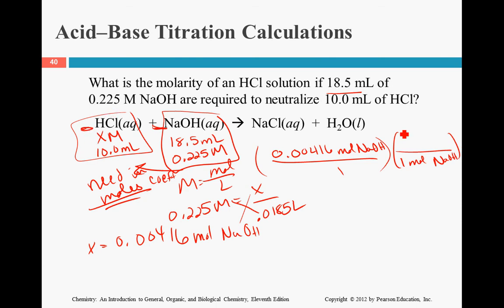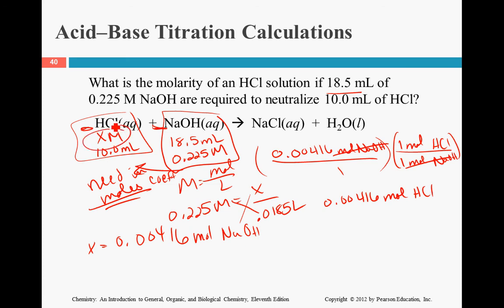Coefficient of HCl is 1 mole HCl. So that means we have 0.00416 times 1 divided by 1. That means we have 0.00416 moles of HCl.